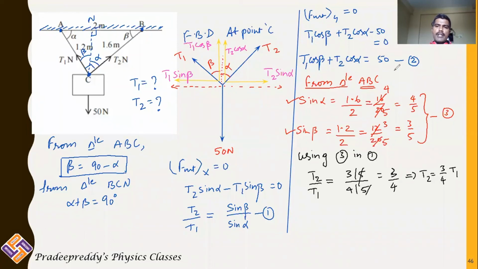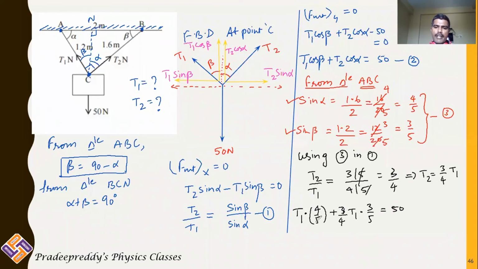Take this and substitute in equation 2. You can write it as T1 into cos beta, and cos beta will be equal to 4 by 5, plus T2, which is 3 by 4 into T1, into cos alpha, and cos alpha will be equal to 3 by 5, is equal to 50.